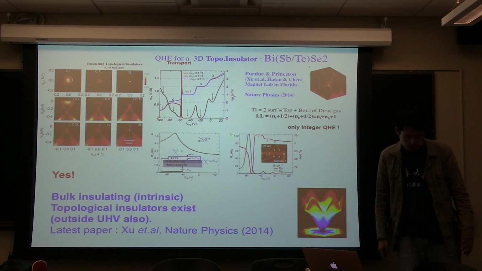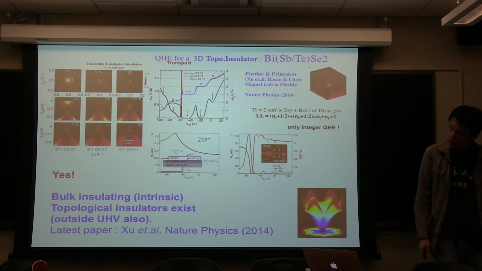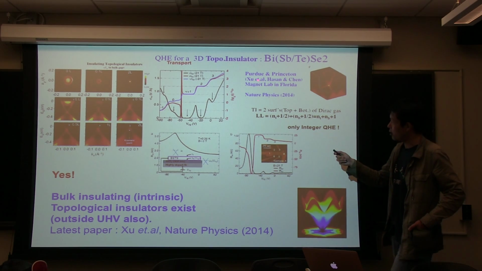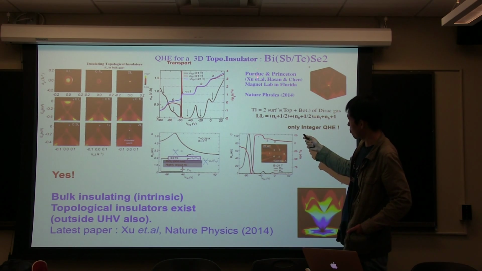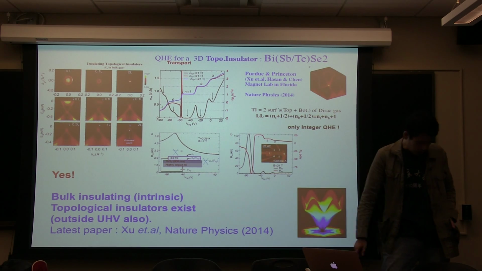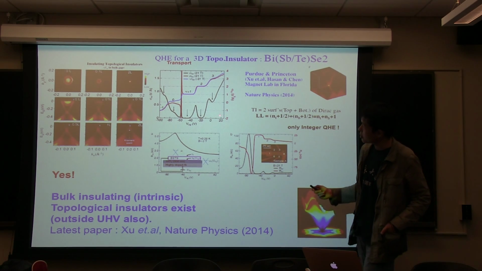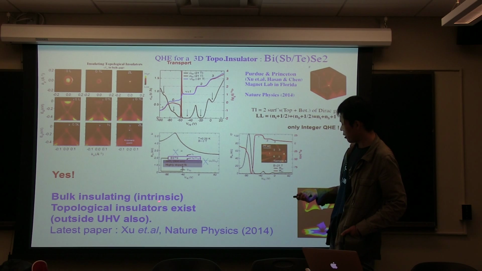One recent advance that I want to point out is that, in collaboration with Professor Chen's group at Purdue, we have now discovered a compound, bismuth antimony tellurium selenide.